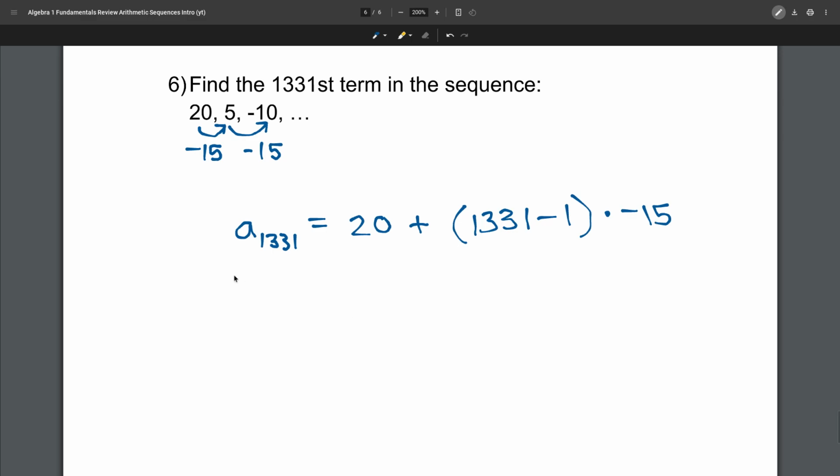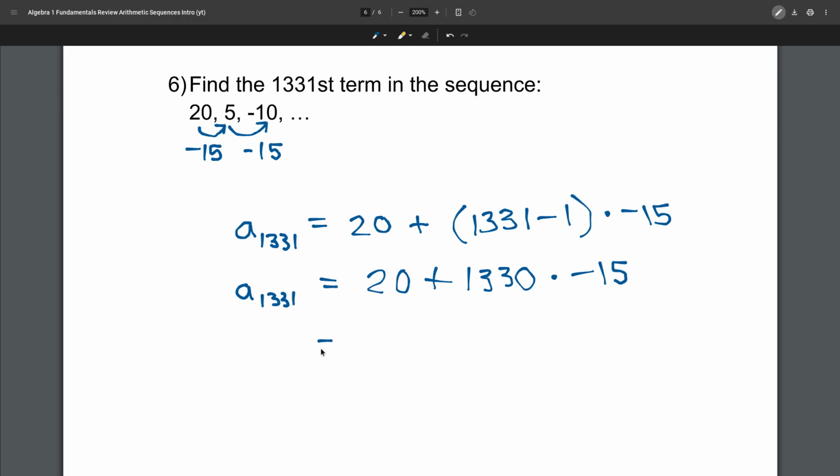Okay, so a sub 1,331, let me fix that, equals 20 plus 1,330 times negative 15.